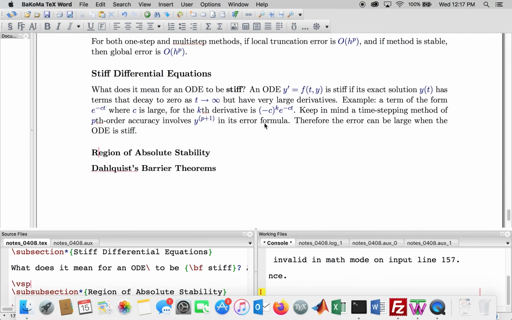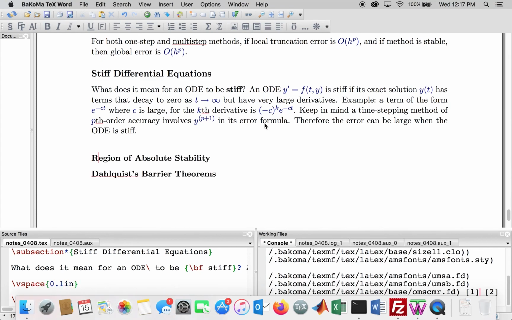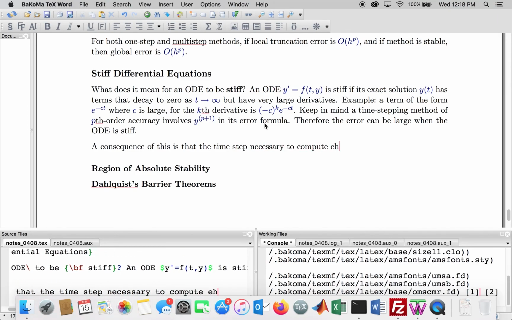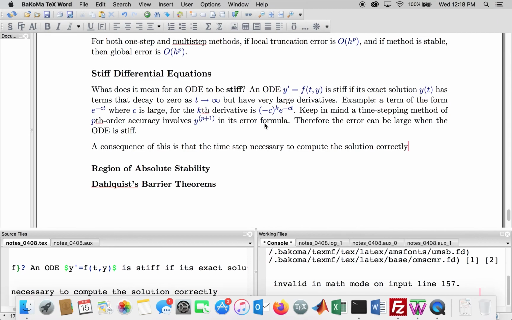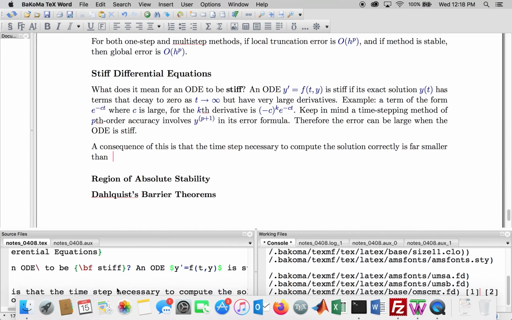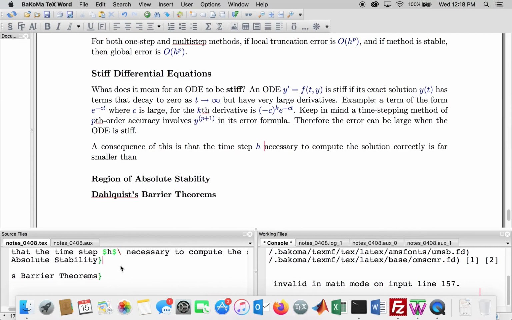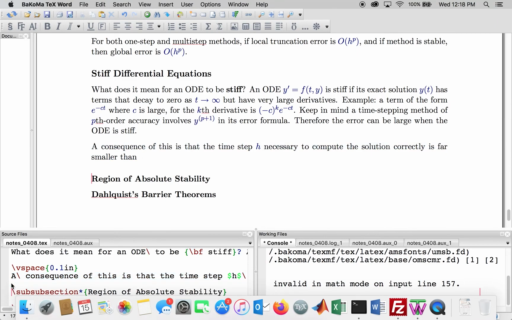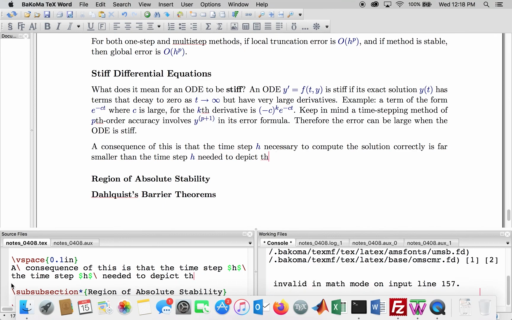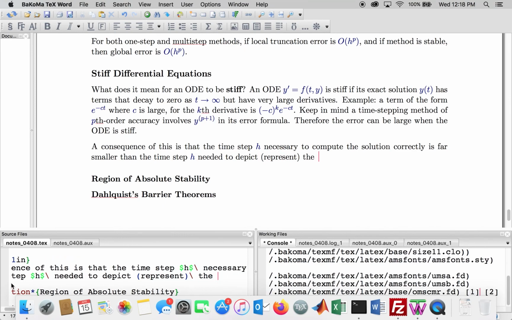I'm going to give one other notion of stiffness. One might also take it as an alternative definition: the time step necessary to compute the solution correctly, in other words, a solution that behaves in the correct way qualitatively, like it decays to 0 when the exact solution decays to 0, is far smaller than the time step h needed to represent the solution, like on a graph.